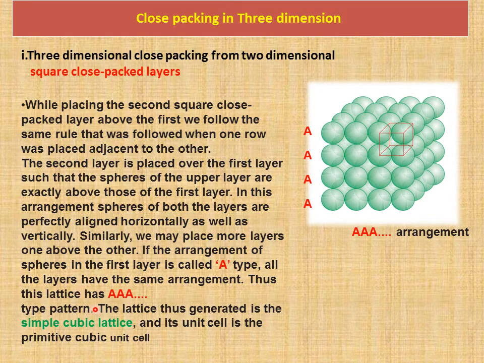Thus, this lattice has an AAA type of arrangement. The lattice thus generated is the simple cubic lattice. So the type of unit cell formed will be a simple cubic unit cell, the primitive cubic unit cell. Primitive means lattice points are present only at the corners.